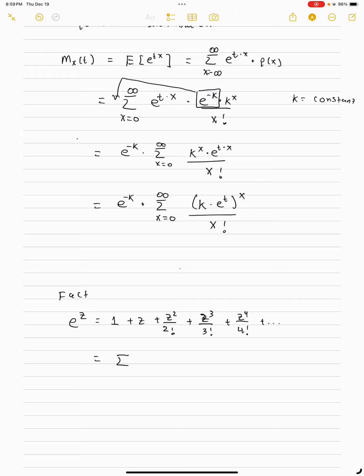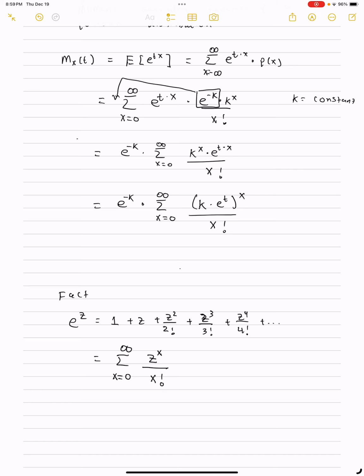If we wanted to write this infinite series, it is going to be z raised to the x power all over x factorial, where x starts at 0 and goes to infinity.